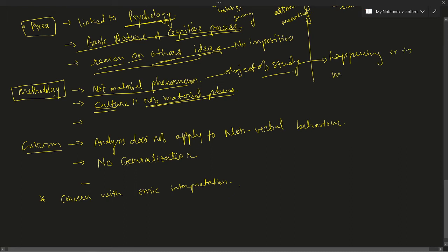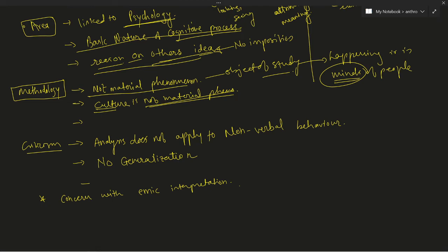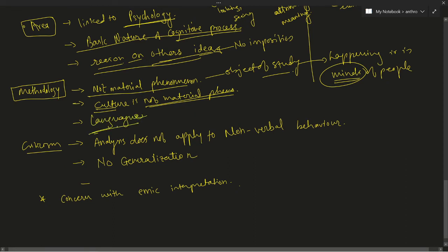Third is how the members of a culture see and understand the whole world around them. The fourth is that at the methodological level, a lot of importance is given to language, and they say that people organize and communicate their ideas with the help of language.